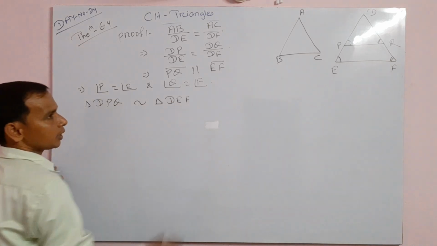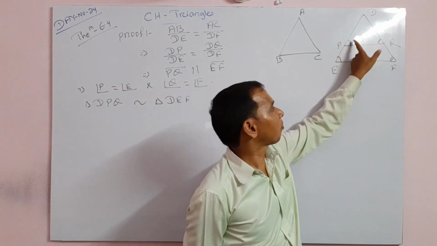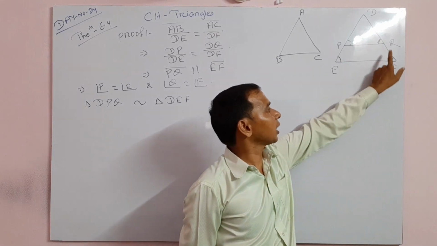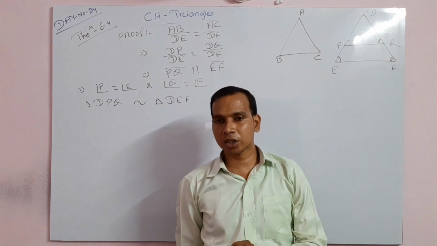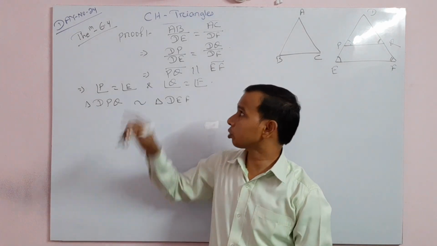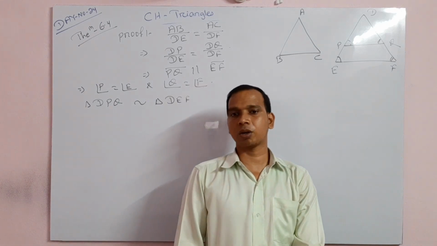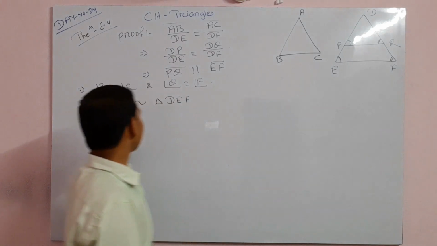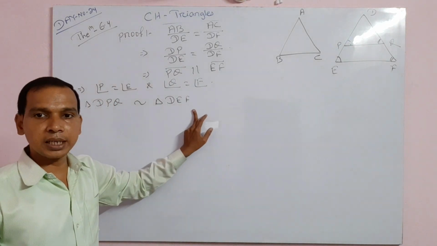Why? Mark here: angle P is equal to angle E, angle Q is equal to angle F, angle D is equal to angle D because it is common. So by the previous theorem 6.3, if corresponding angles are equal, then triangles are similar. That's why you write triangle DPQ is similar to DEF.